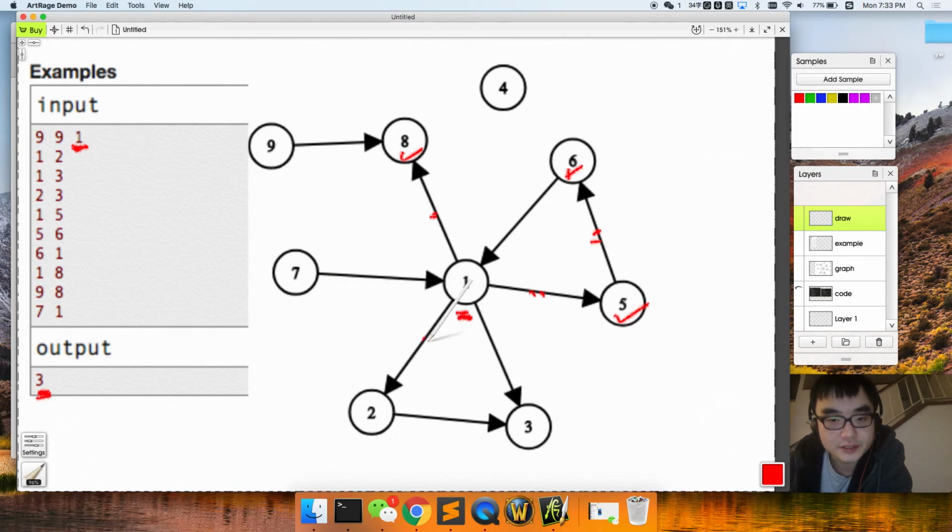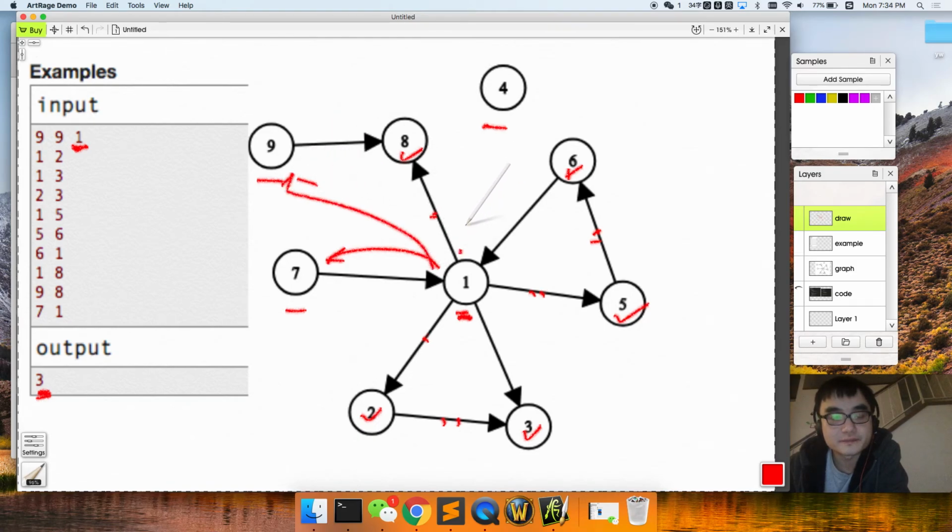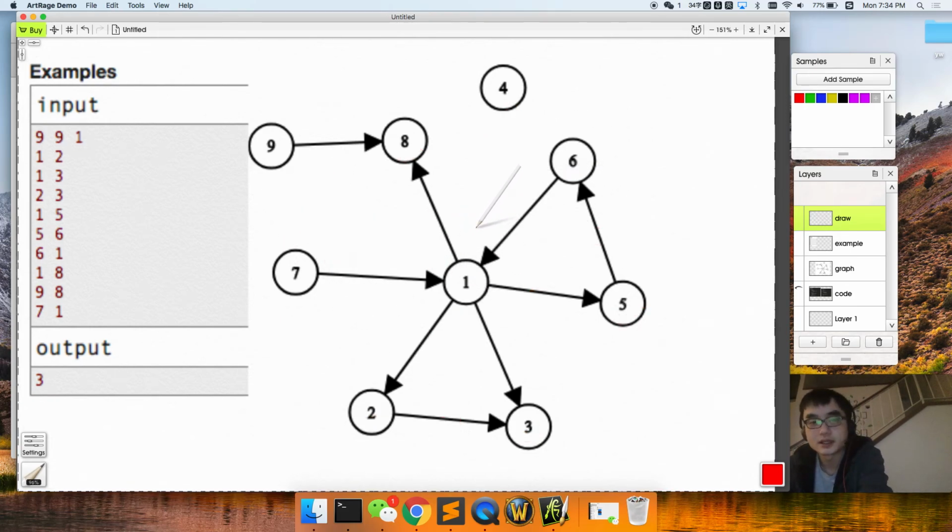And we can reach node 2, and node 3, right? And these 3 nodes we cannot reach. So all we need to do is add 3 edges to the graph so that we can reach any node from the first node, right? So how do we find out the minimum number of edges we need to add to this graph?